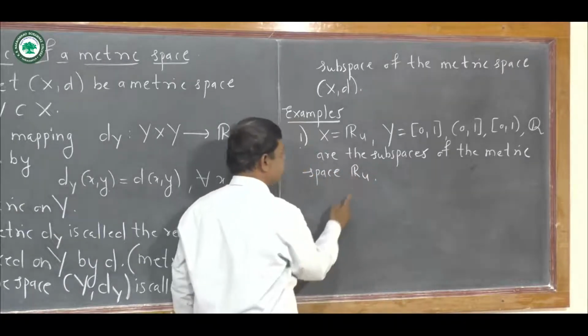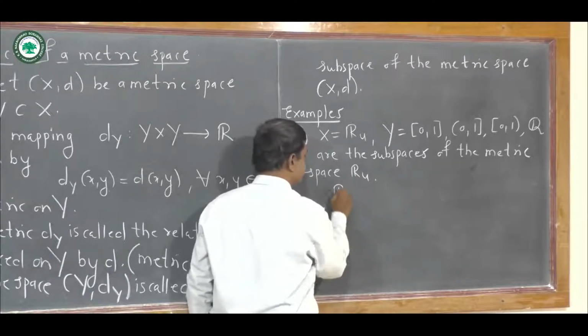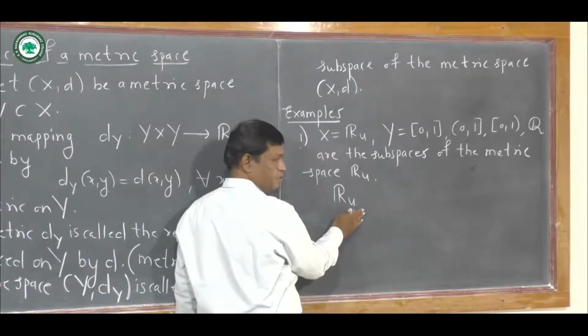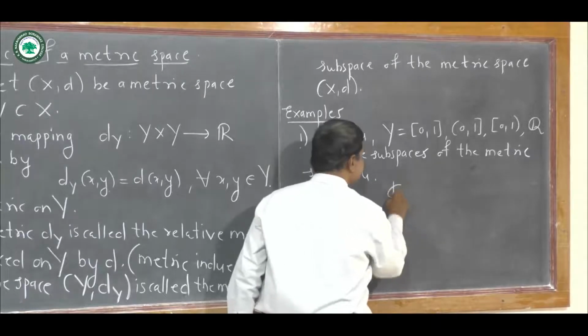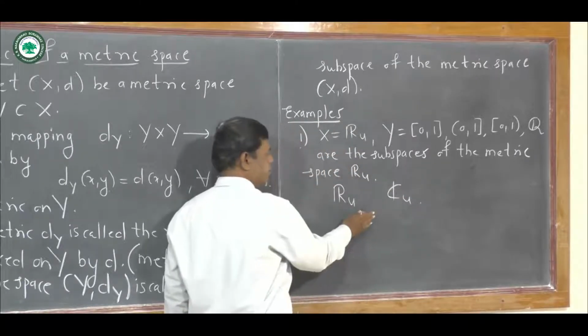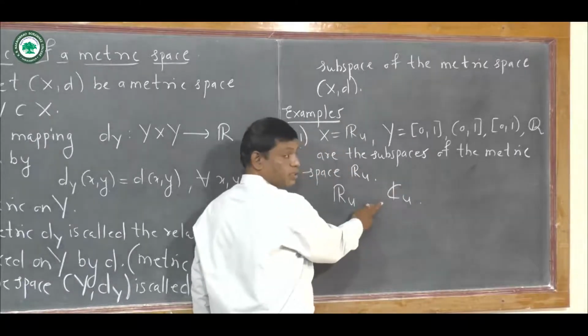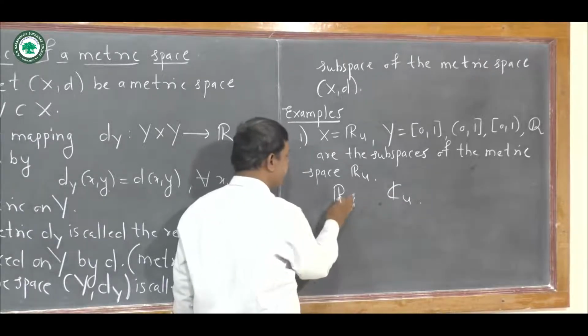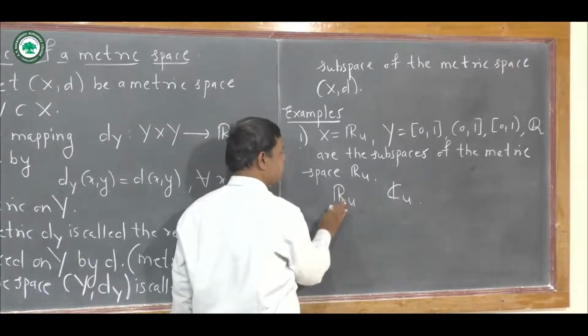Remember that this metric space R_u is also a subspace of the metric space C_u, where C is the set of complex numbers with the usual metric and R is the set of real numbers with the usual metric.